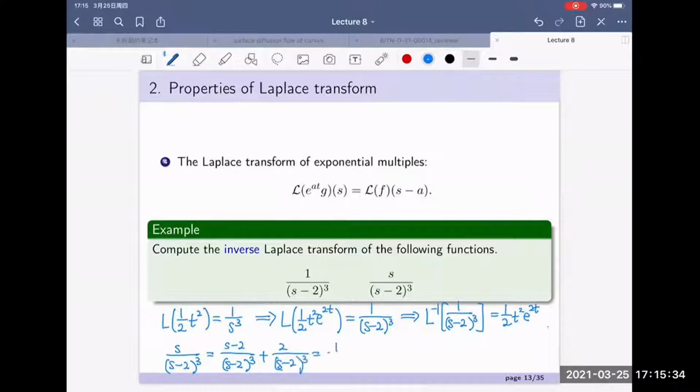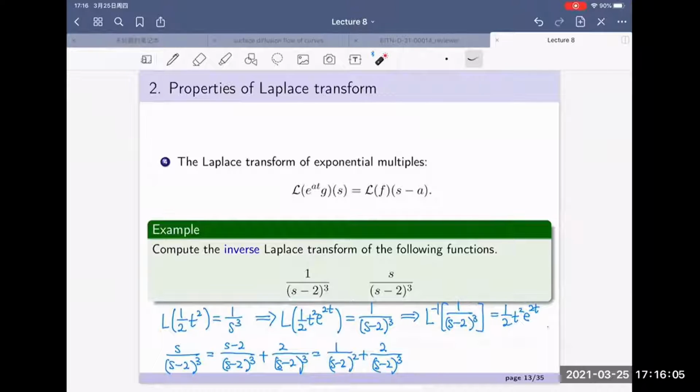The first term is just s minus 2 squared in the denominator. The second term is s minus 2 cubed in the denominator. For each term, you should use the same idea. For example, you know the inverse Laplace transform of the second part, right? It's just twice the first part. And for this one, you should calculate its inverse Laplace transform in a similar way.